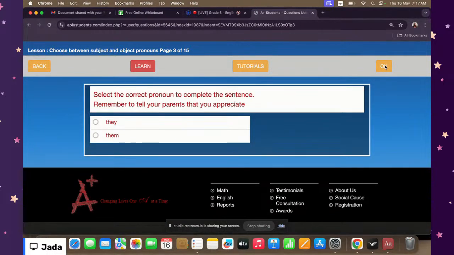Remember to tell your parents that you appreciate them or they. Them or they. Which one?